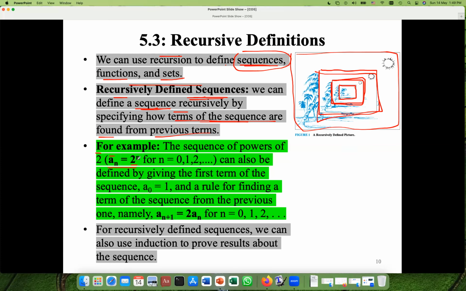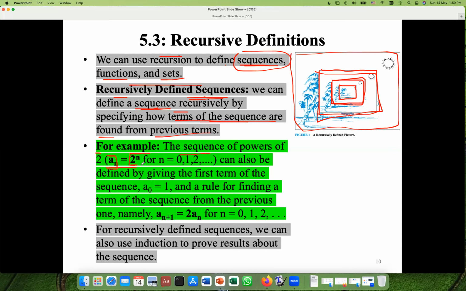When you put 1 here, you will get the next term. Put these values of n here and you will have that complete sequence: 1, 2, 2 raised to the power 2, 2 raised to the power 3, 2 raised to the power 4, and so on. So this a n is simply a variable which you normally use to represent some sequence.